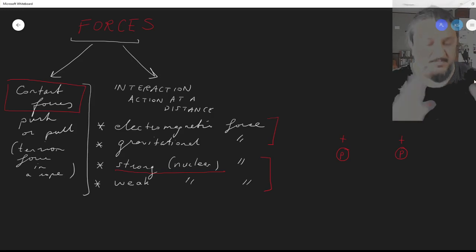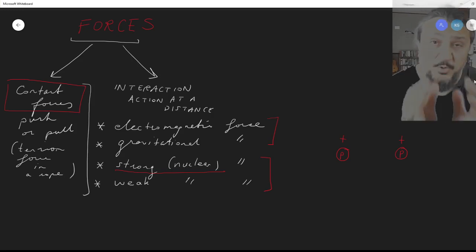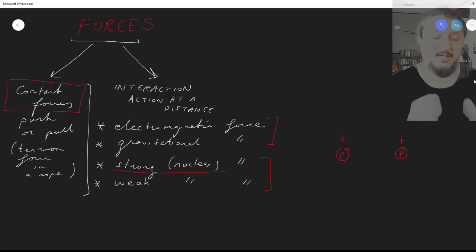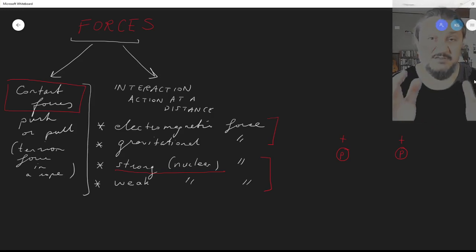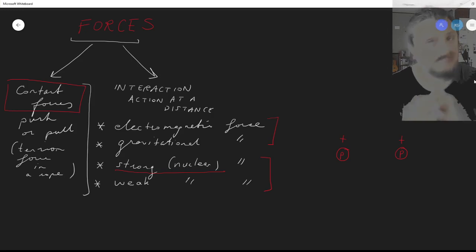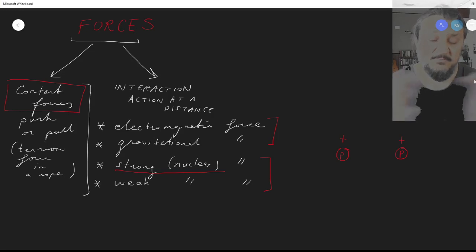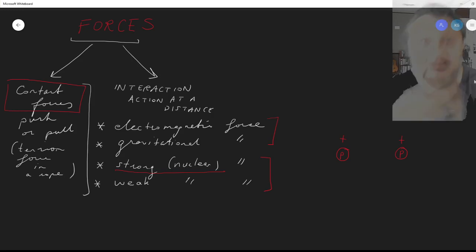So you push them by force, you bring them closer, closer, closer. There will be a point after which they will start attracting each other, okay? Instead of repulsion, we will have attraction. That is the strong nuclear force, and that's why we have atoms in the first place.